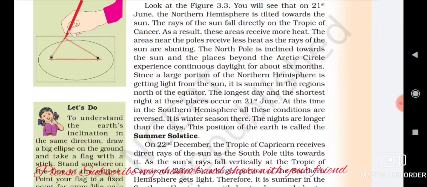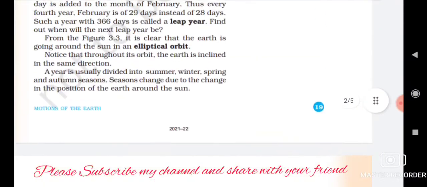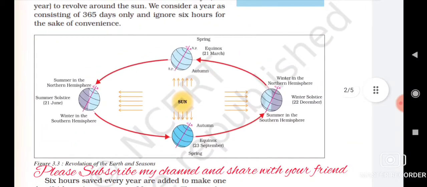On 21st June, in the northern hemisphere, the rays of the sun fall directly on the Tropic of Cancer. At that time this portion is nearer to the sun. That's why this area gets more heat than the southern hemisphere.